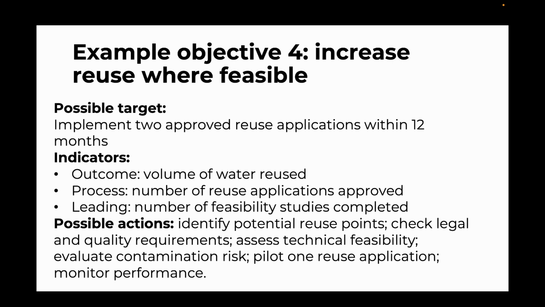So the wording is important. Increase water reuse where technically and legally feasible. The outcome indicator could be the volume of water reused. A process indicator could be the number of reuse applications approved. A leading indicator could be the number of feasibility studies completed.